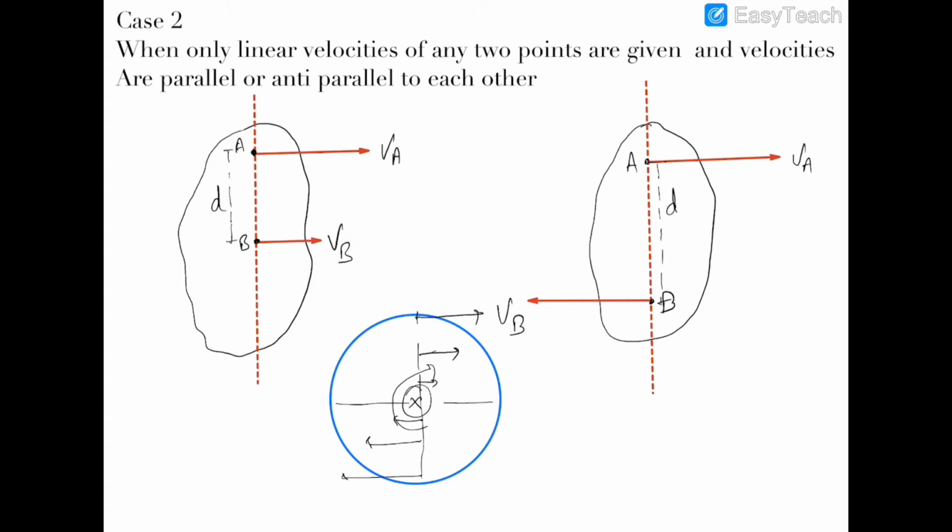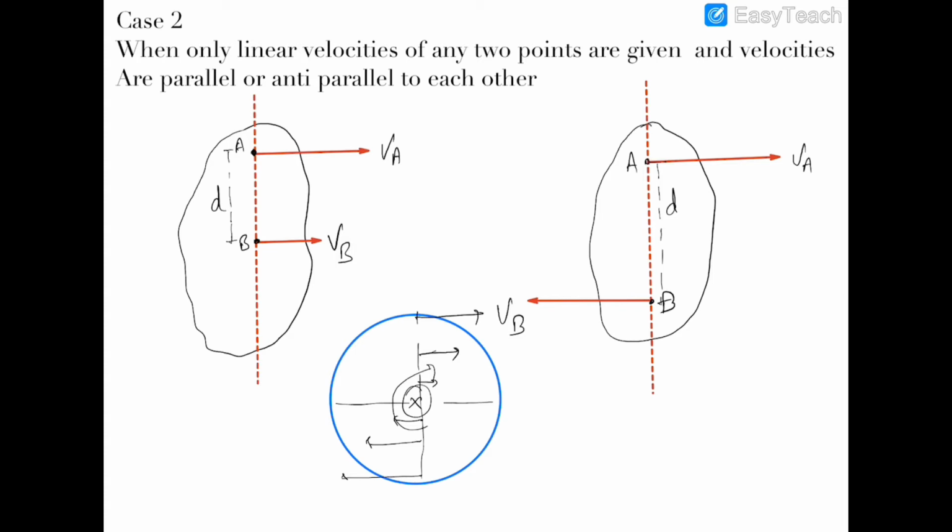So in case A of case 2, the velocities of points A and B are given in the same direction. Therefore, the instantaneous axis of rotation would be lying either on this side above A or on this side below B. But it cannot lie between A and B, because if these points are moving in the same direction, then IAR would be lying on a similar side of both the points.